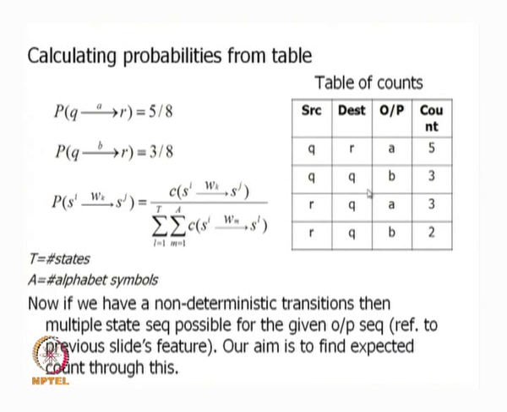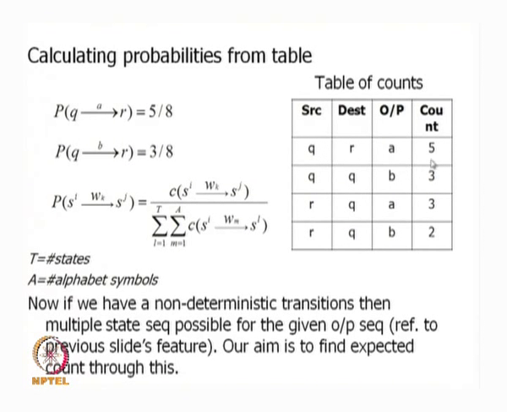Now, to get the probability value of Q to R on A, we have to find out what other transitions from Q there are in the observation sequence. We find that there is a transition from Q to Q with the symbol B. These are the only 2 cases of transition with Q as the source.